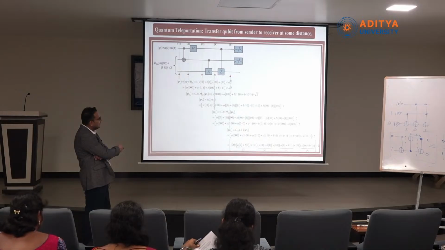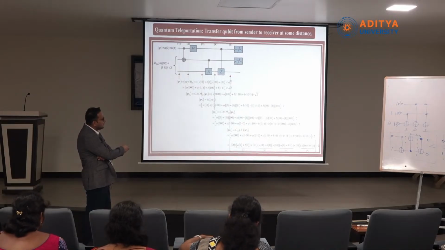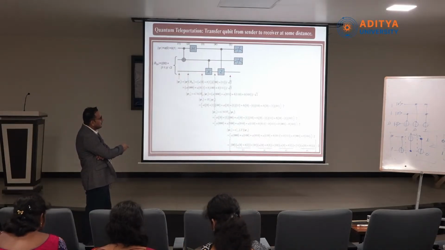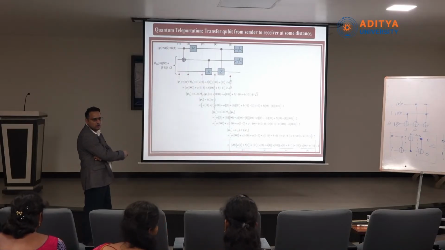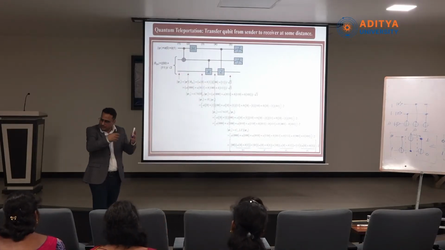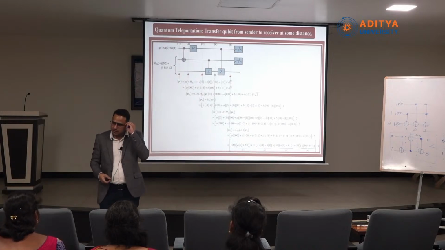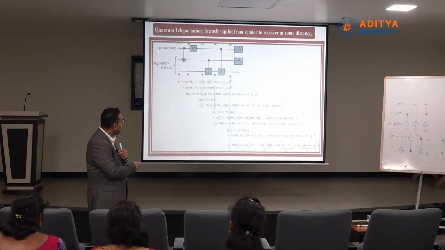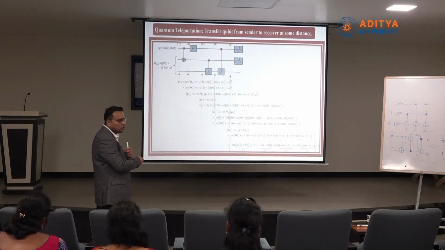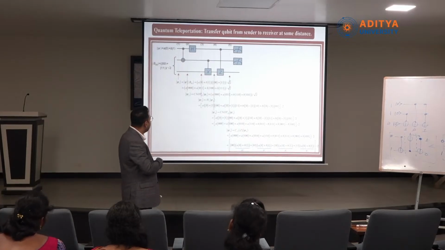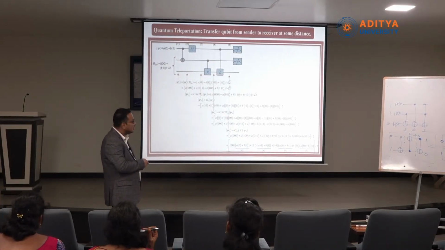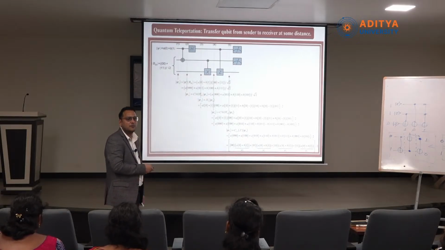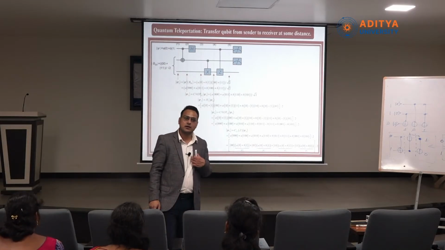Again for this one, 0 plus 1 by root 2. For this one, 0 minus 1 by root 2, and for this one, 0 minus 1 by root 2. Taking the 1 by root 2 as common, earlier it was 1 by root 2, so 1 by root 2 multiplied by 1 by root 2 becomes 1 by 2. Clear? So now you have four different possibilities of states with 1 by 4 amplitude.